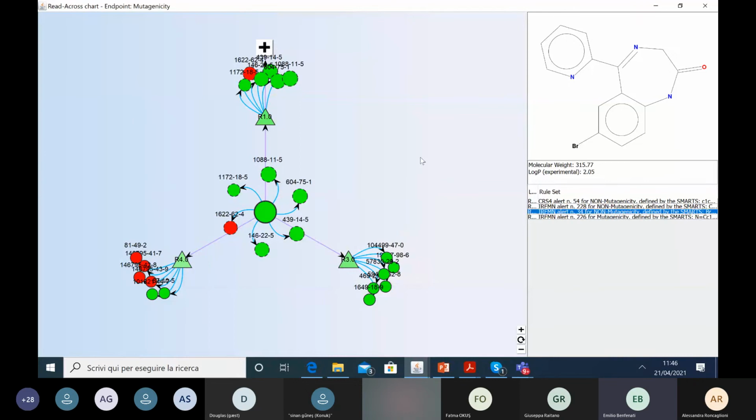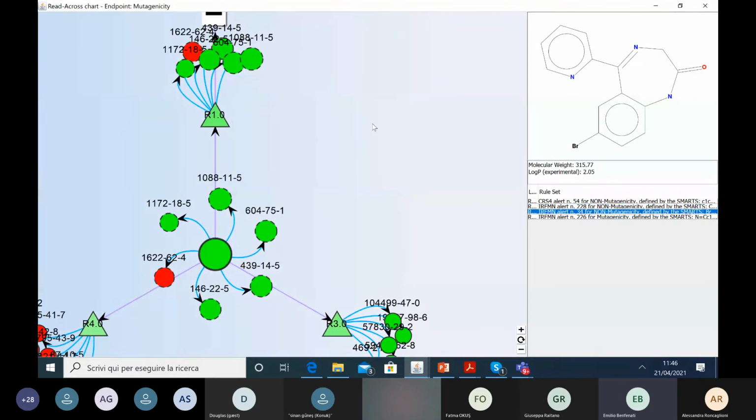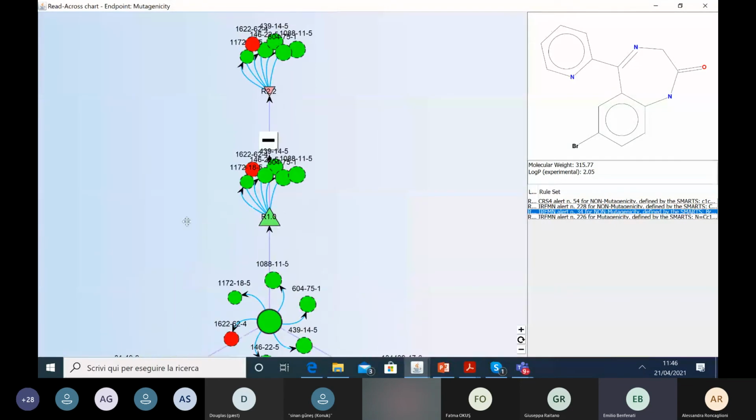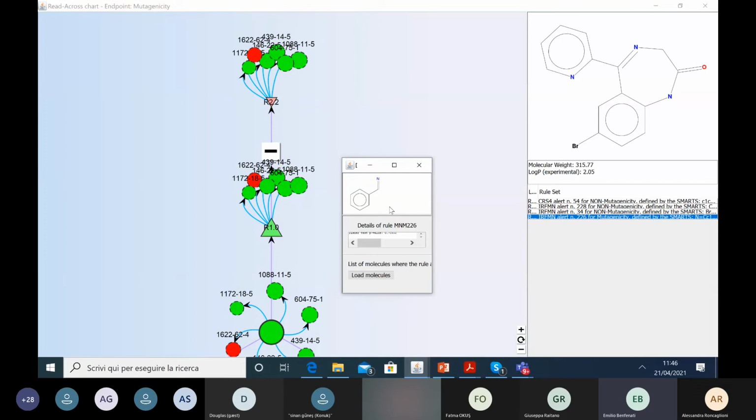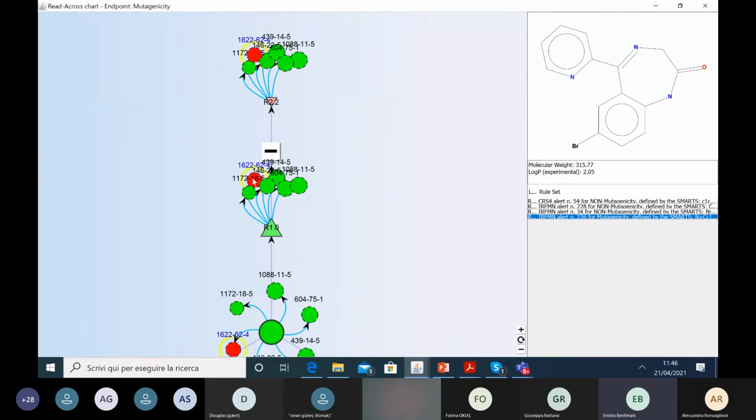By the way, structural alerts 1, 2, and 3 are not present in any of the models from CAESAR. These are present only in ToxRead. In VEGA, you only have this structural alert, which is broader. It simply says, okay, that this fragment may be associated to mutagenicity.